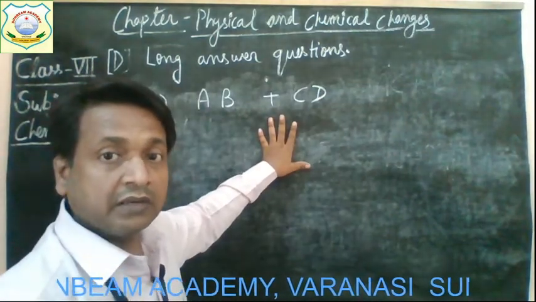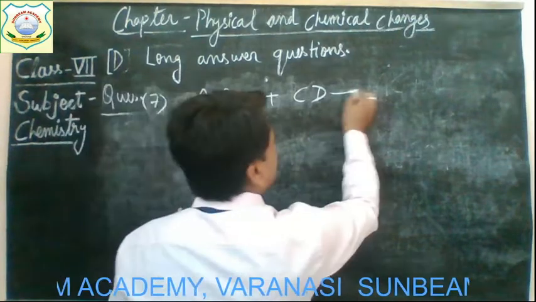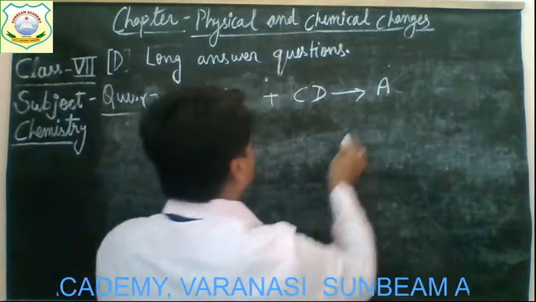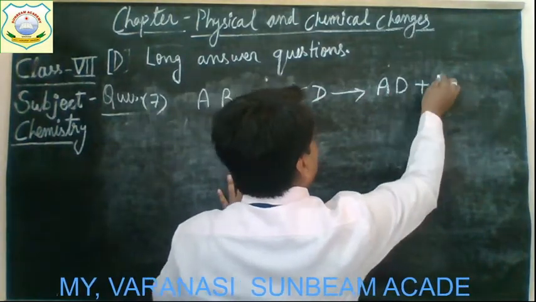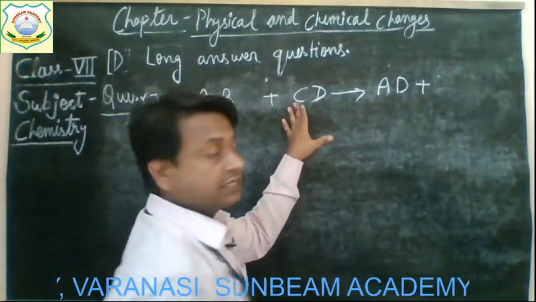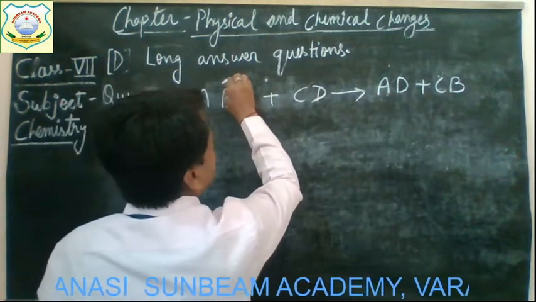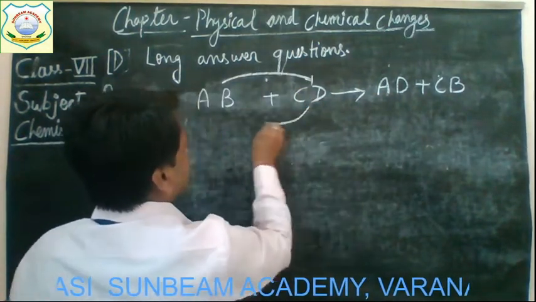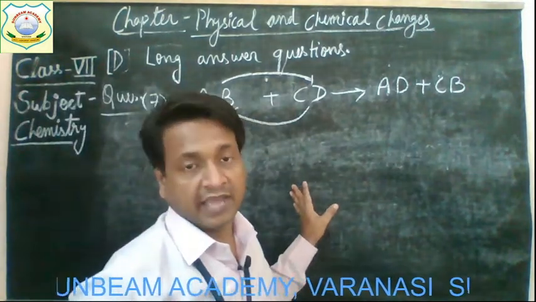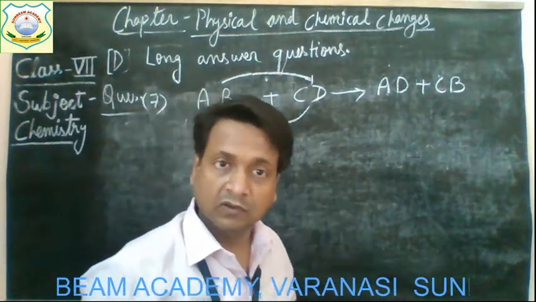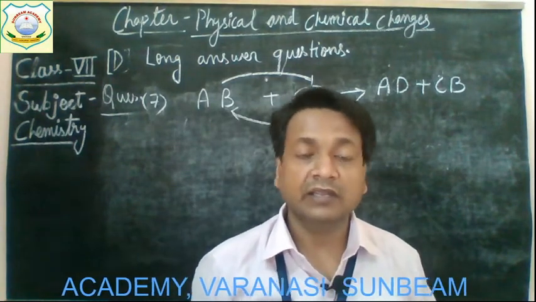So what will happen? They both will get displaced. It will form AD plus CB. Okay, so this is going to displace here. So this is the double displacement reaction. Got it, children?